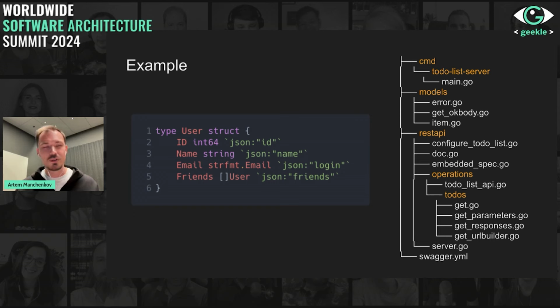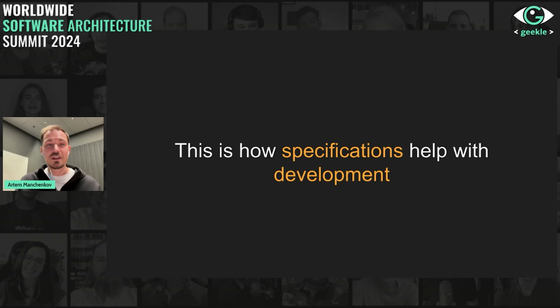Everything was generated automatically, and it was so much easier to design the whole application because I could start with a small specification file, and later I knew that everything would be automated. So finally, I started thinking that specifications are not only useful for describing existing APIs for clients or customers, but also for defining how to make this API, which is consistent with the definition I mentioned at the beginning.